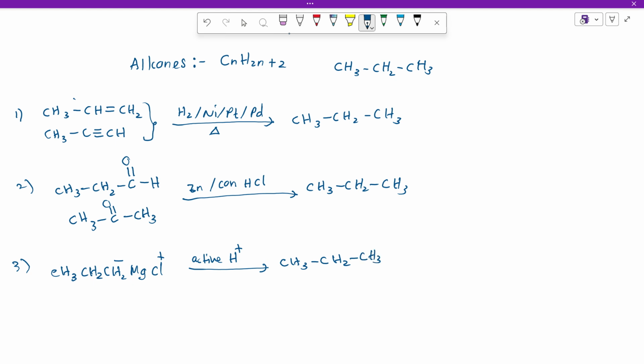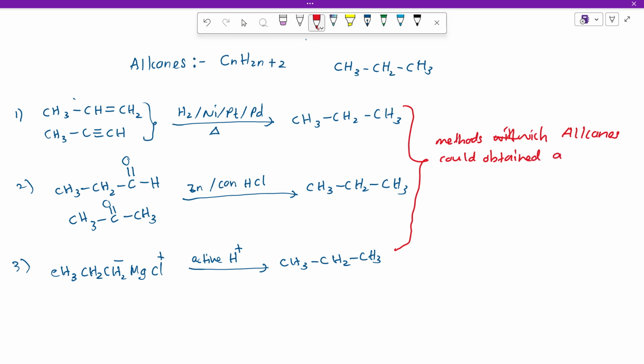These are the methods by which alkanes could be obtained as products.